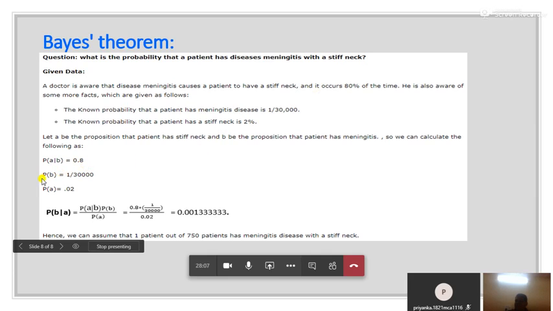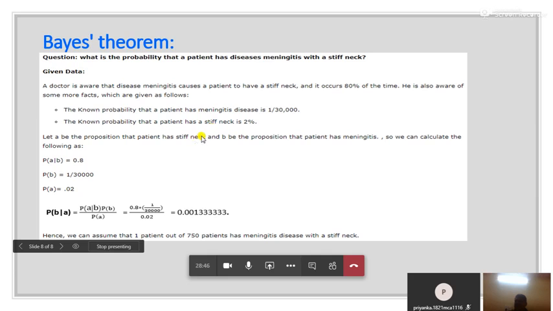Now the value of P(B) is 1 upon 30,000, as B represents a patient with meningitis, and the probability of the disease meningitis is 1 upon 30,000. Now the value of P(A) is 0.02. A is the patient with a stiff neck, and the probability of that is just 2%.